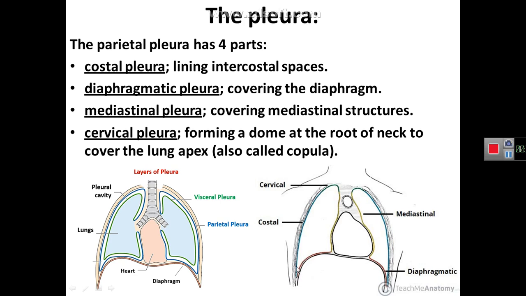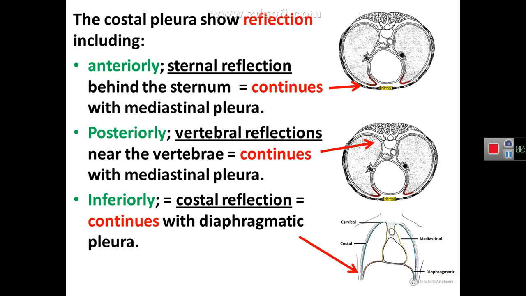For example, in this region, you can see this angle represents a continuity between the costal pleura and the diaphragmatic pleura. And so we have now to discuss the reflections of the parietal pleura.